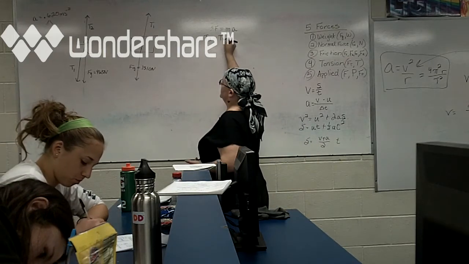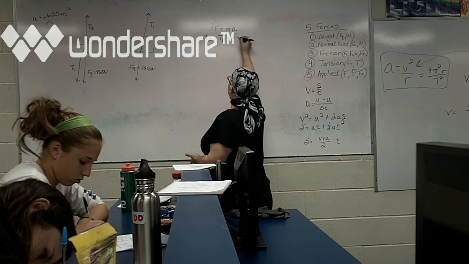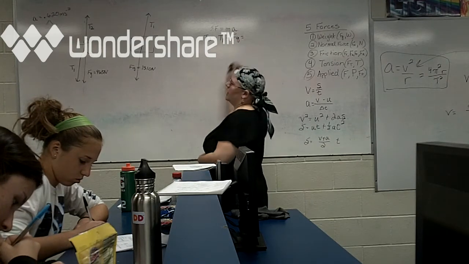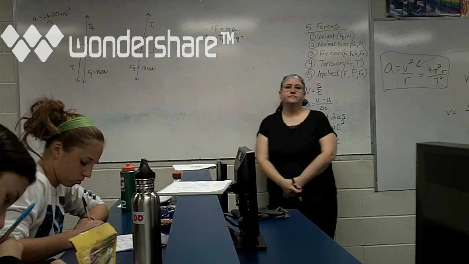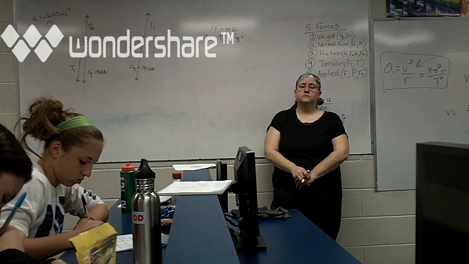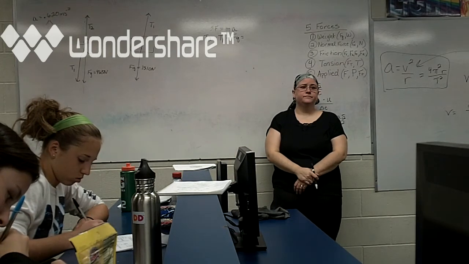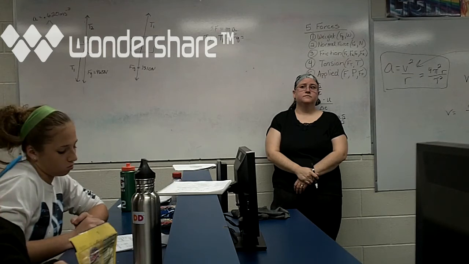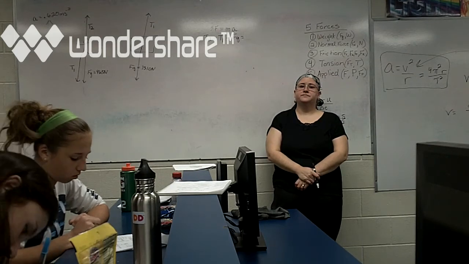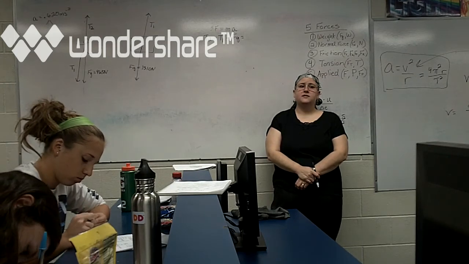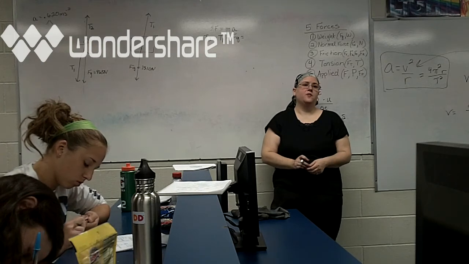T2 minus T1 minus Fg equals the mass times the acceleration. How are you going to get the mass of the worker? The mass of the worker is its weight divided by 9.81.